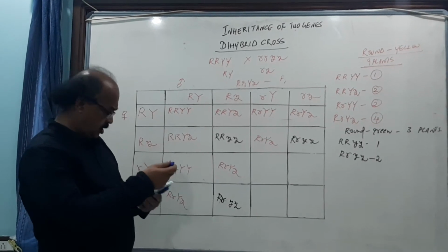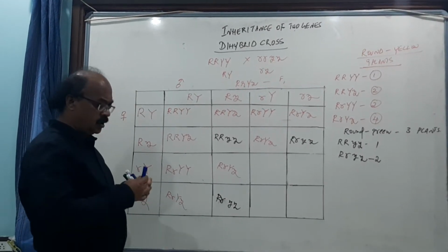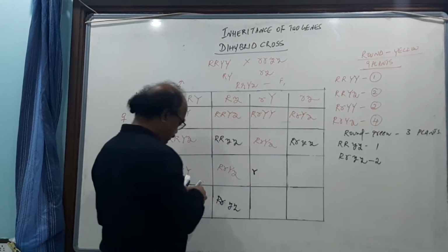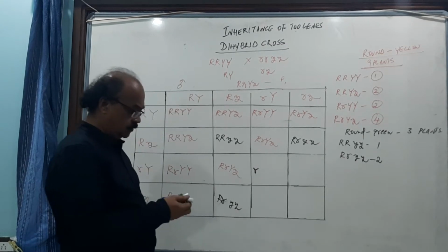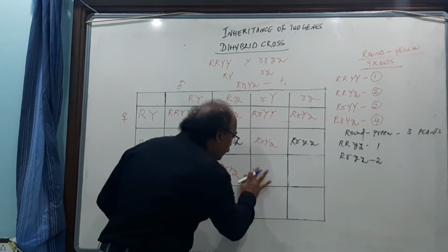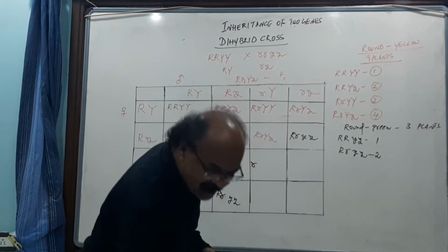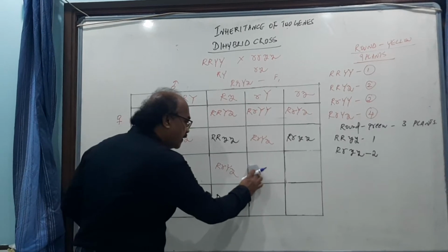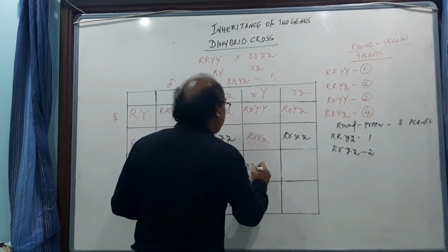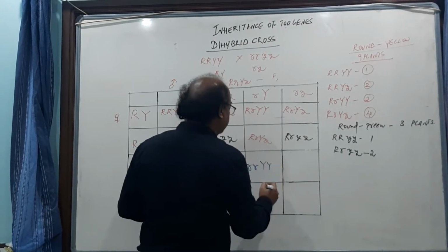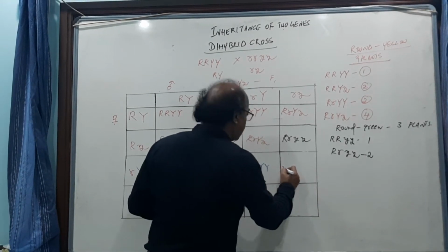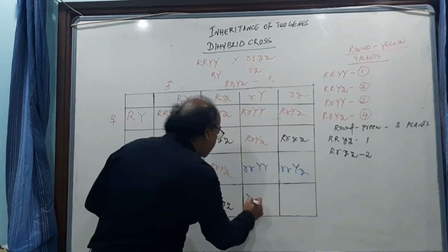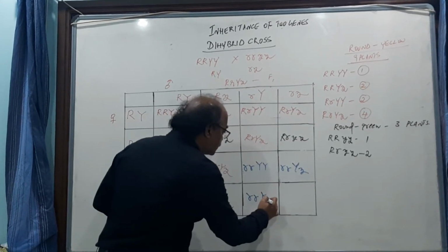Now let us see one more type. In this one more type, small r, capital Y, small r, capital Y, small r, capital Y, small y.